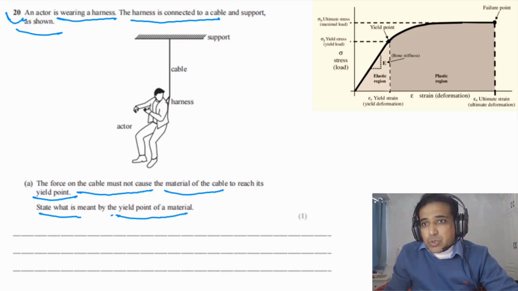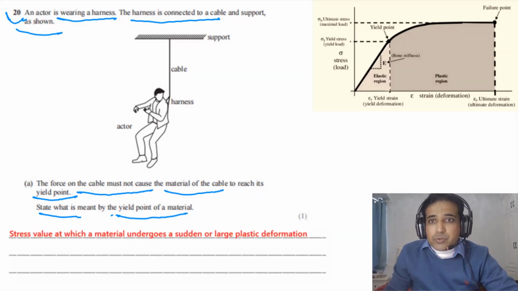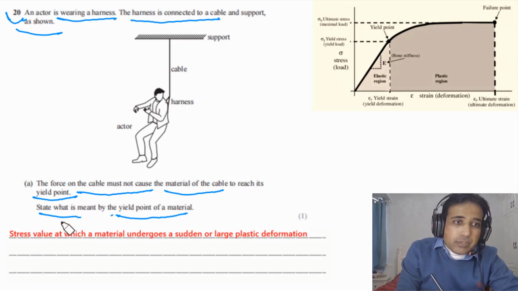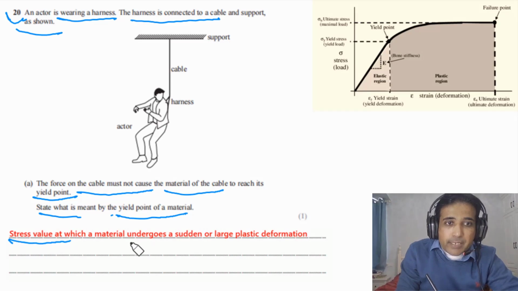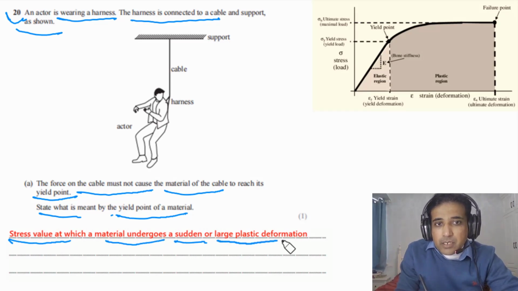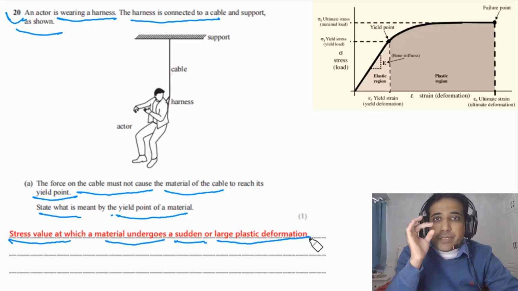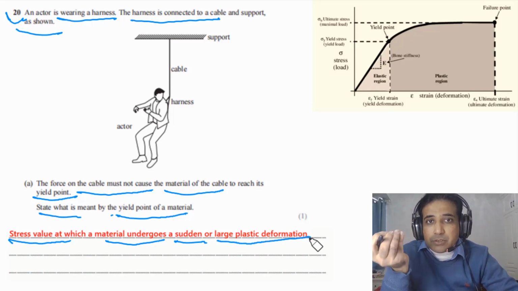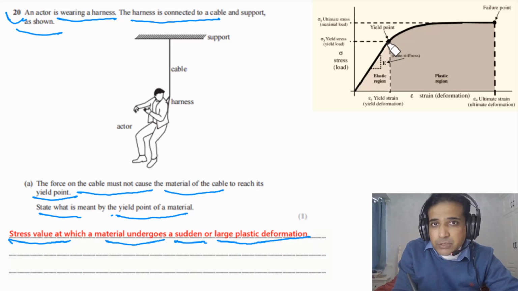So let me show you how you can write down a proper answer. In the answer you can simply mention the stress value at which the material undergoes a sudden or large plastic deformation. That stress value is the yield point. You can see on this figure, this point is the yield point.